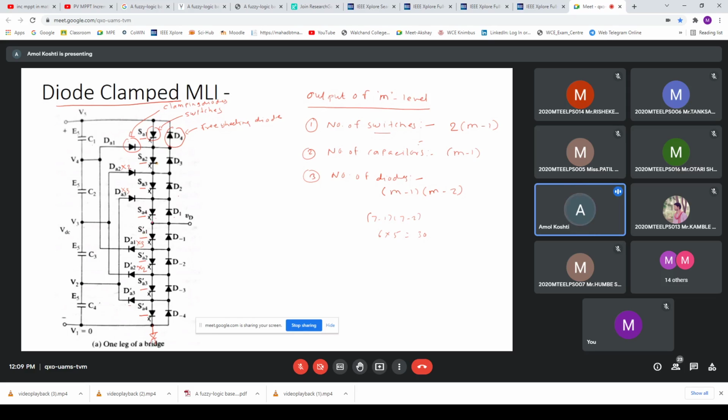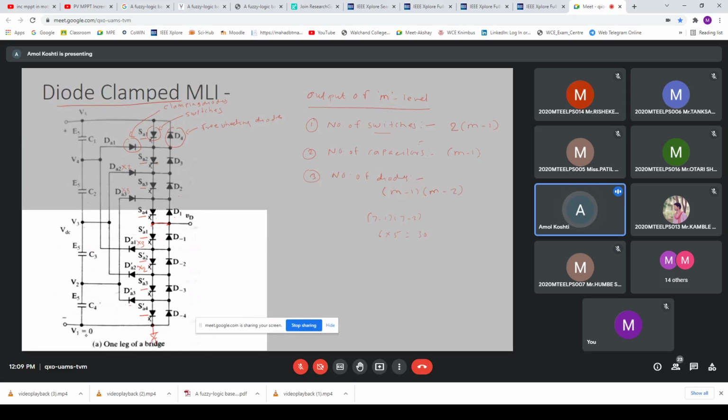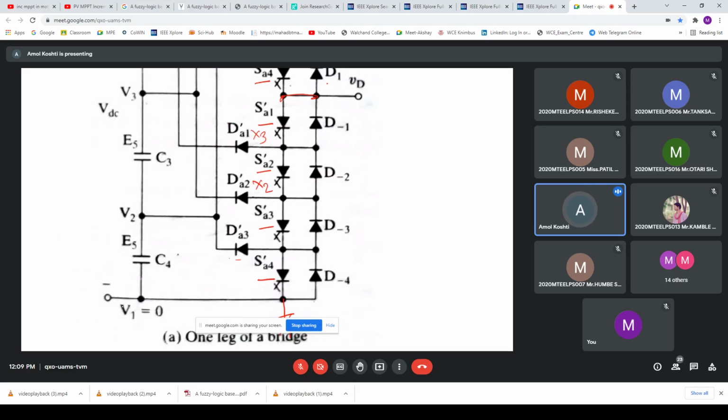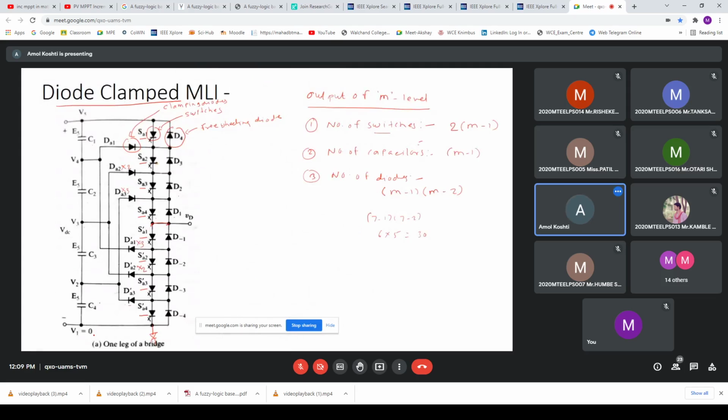This is the midpoint we have taken here, and we are taking the output with respect to this neutral point, as the potential of this point is considered as 0. So this will be our neutral point, and we are taking the output across this.